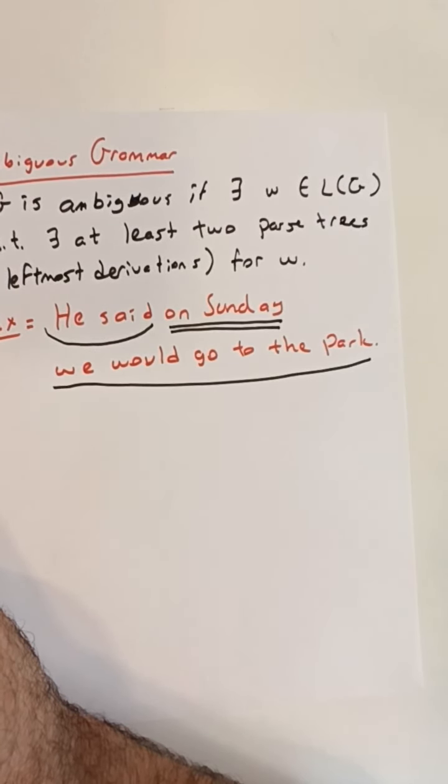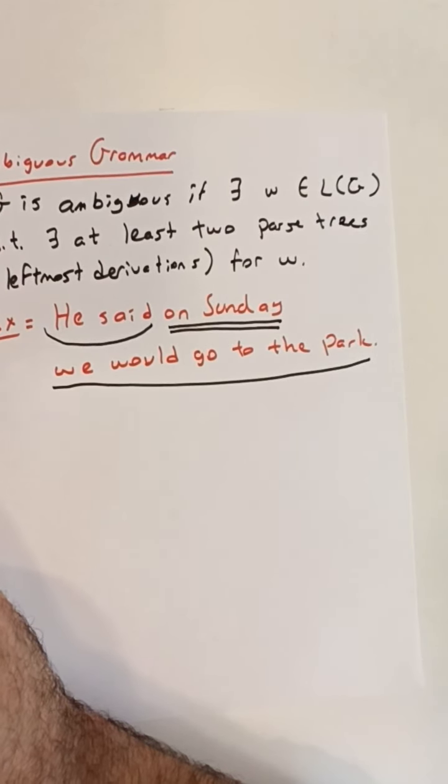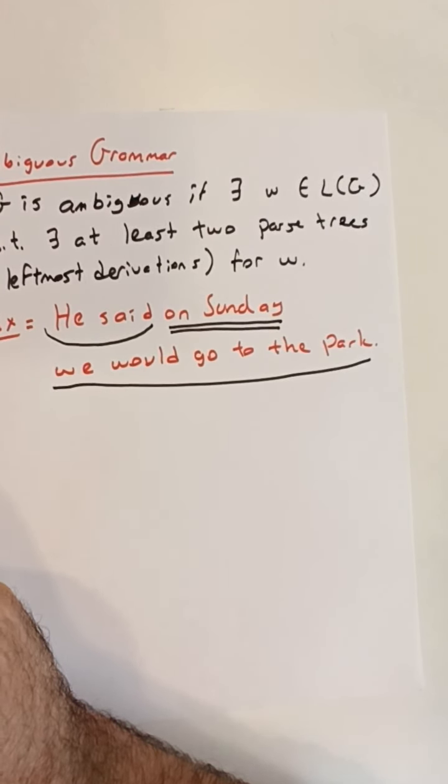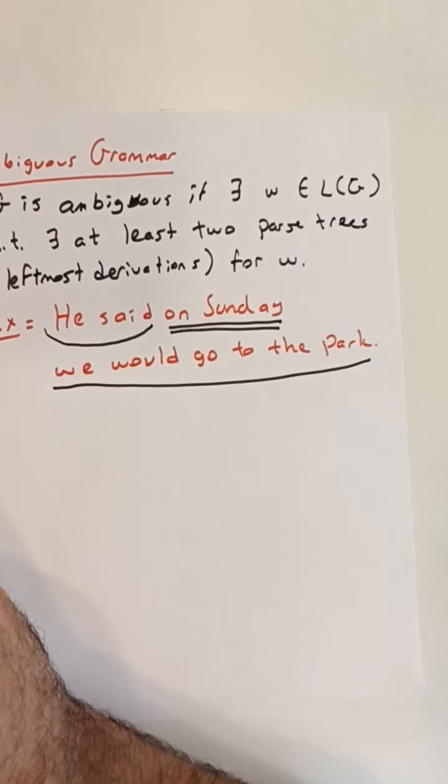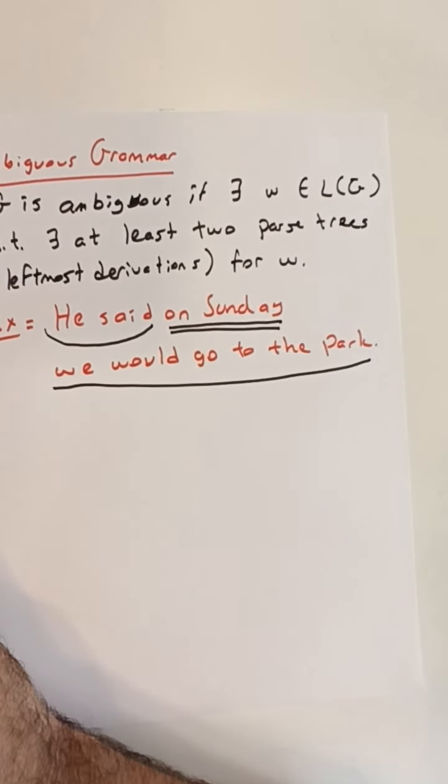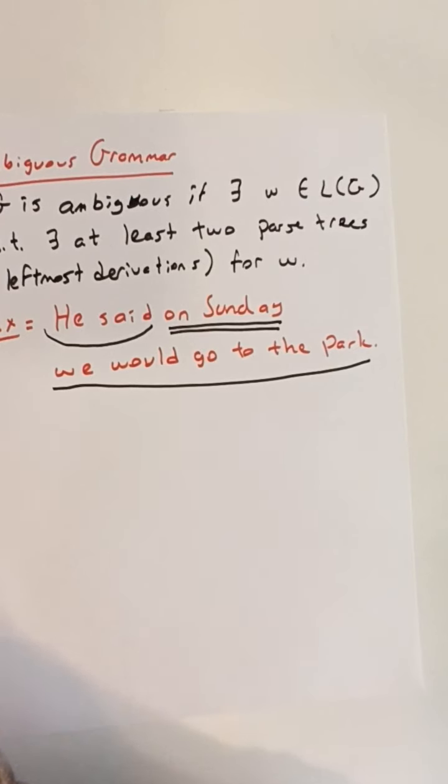This is not desirable. So if there is some context-free grammar defining some language, it's desirable to have that grammar be unambiguous. Let's see how we can turn the previous ambiguous grammar into an unambiguous grammar.